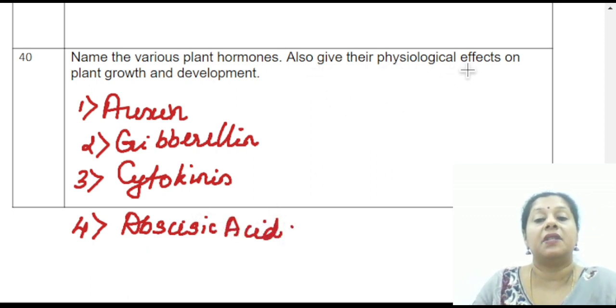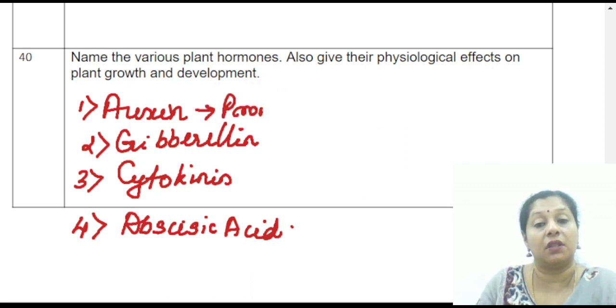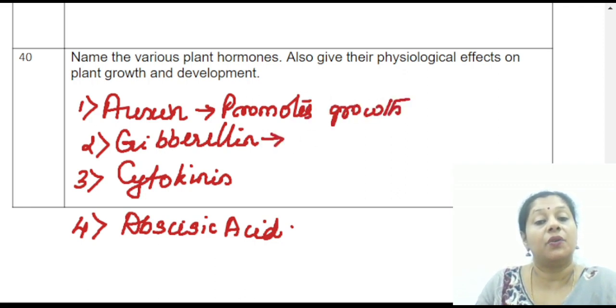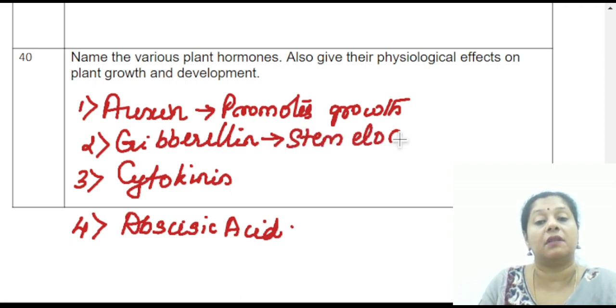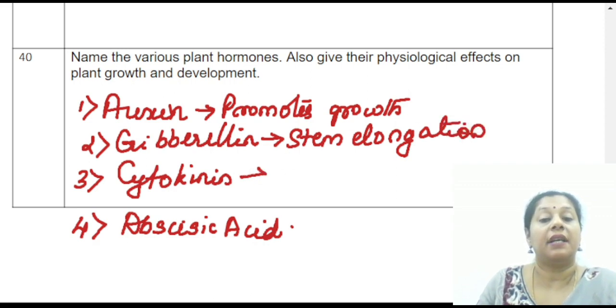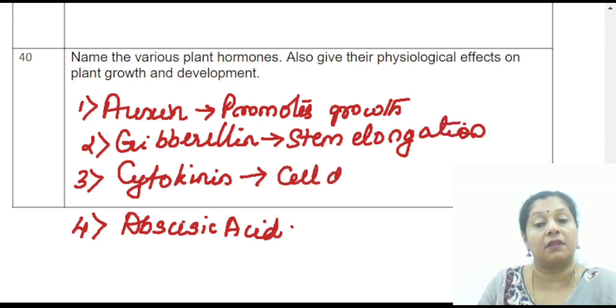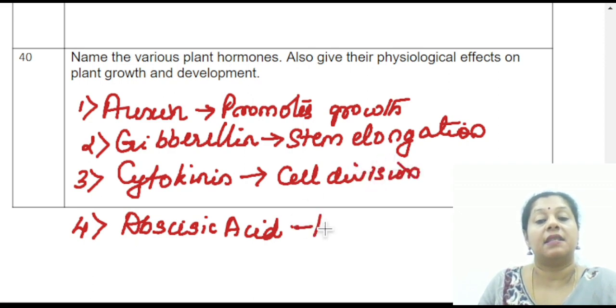Also give their physiological effect on plant growth and development. Auxin promotes growth. Gibberellin also increases height, but by stem elongation. Cytokinin promotes cell division. Abscisic acid inhibits growth.